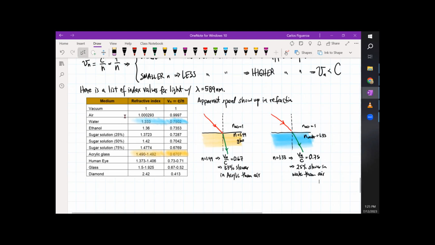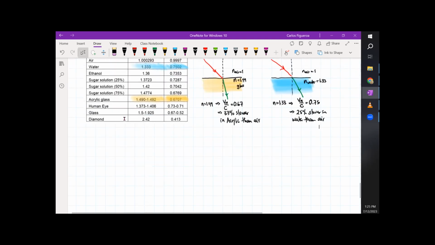Now, one last thing before we end this chapter, I want to start talking about something called total internal reflection.